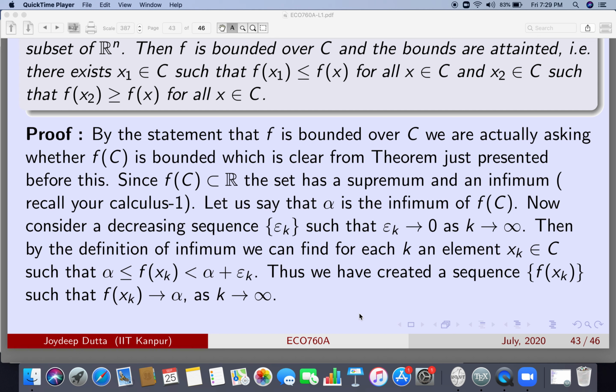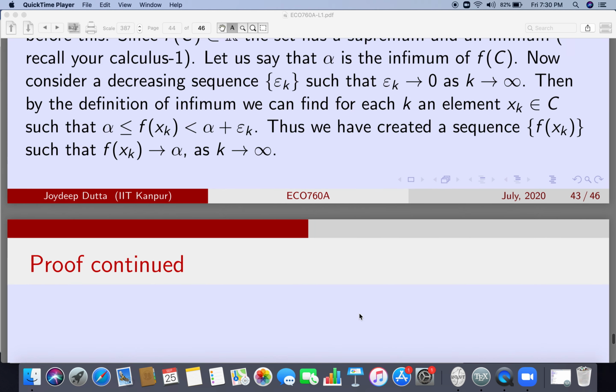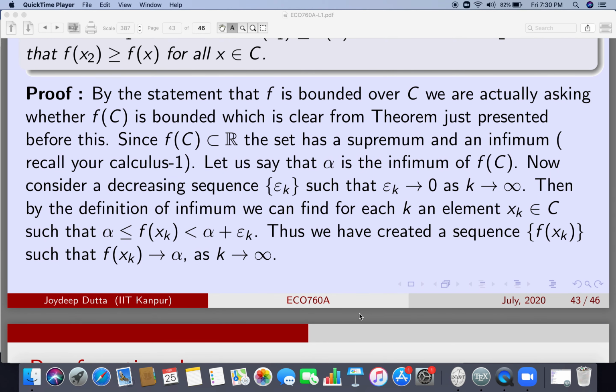So what we have created is a sequence f of xk which converges to alpha, because I am decreasing the value of epsilon k. So if we take the limit of f of xk as k tends to infinity, alpha is less than or equal to the limit of f of xk, which is less than or equal to alpha, because epsilon k goes to 0.